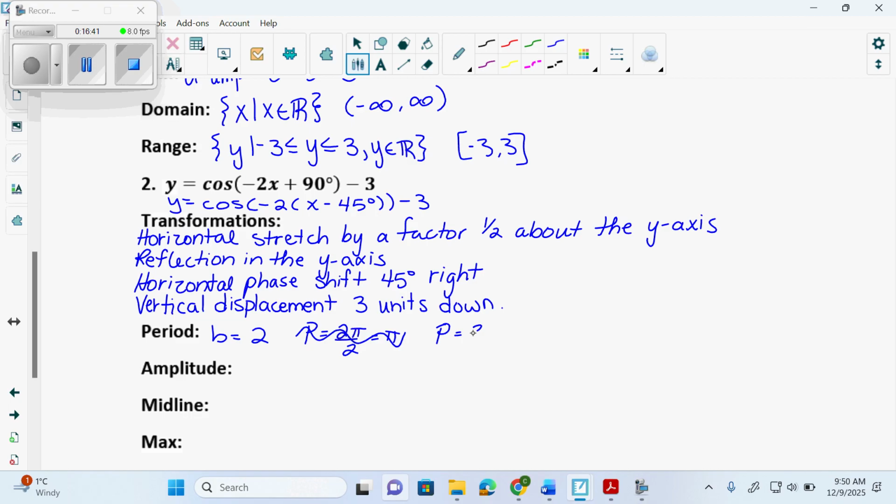The period is 360 degrees divided by 45 degrees. And what is the period? What's 360 divided by 45? 2. That's stupid. Wow, there's lots of stupid things going on here. 180.